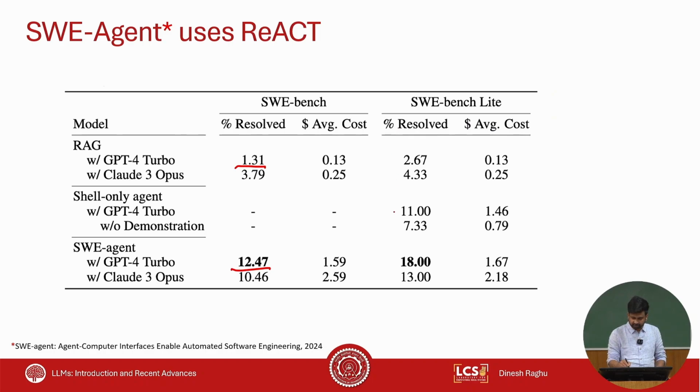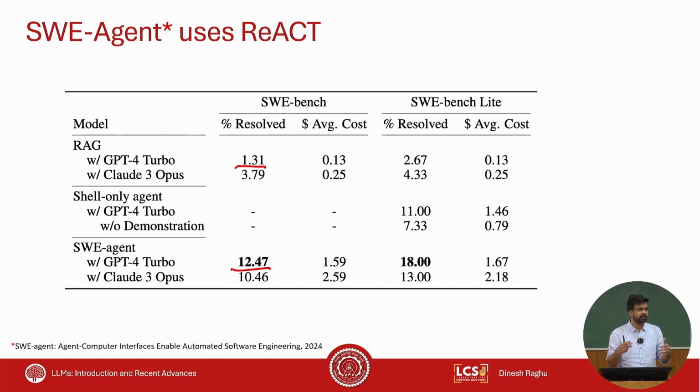And this particular ablation on SWE bench Lite shows what you would end up getting if you chose whatever commands your shell allows as the action space, right? RAG only has one action, which is search. If you provide a lot of shell-based actions like ls, cat, and other things like that, then you will be able to achieve better numbers.